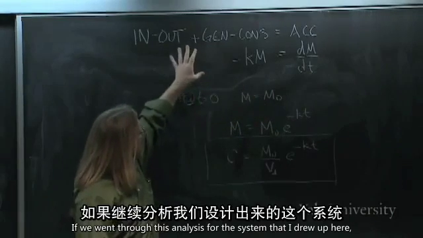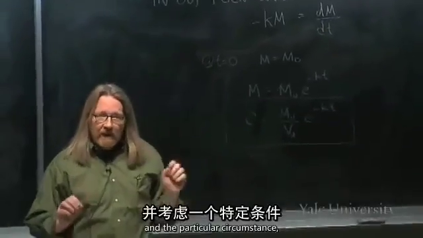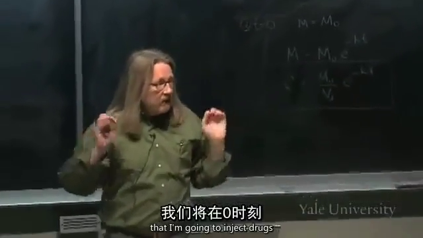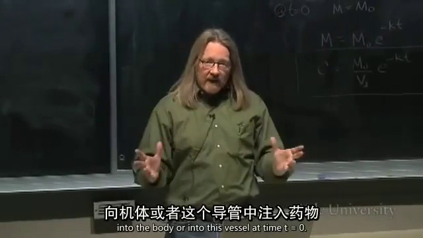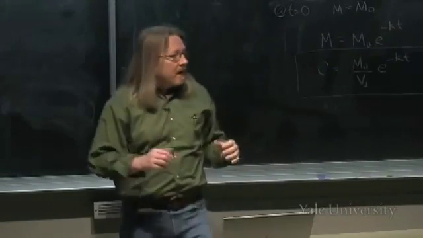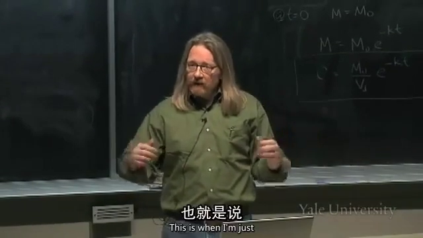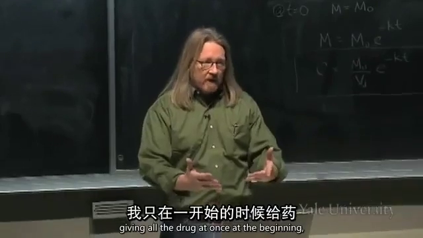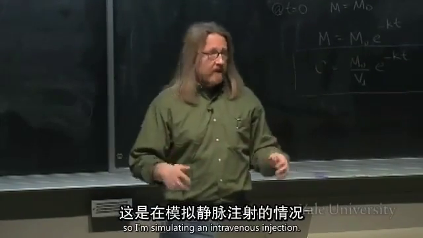And if we went through this analysis for the system that I drew up here, and the particular circumstance that I'm going to inject drugs into the body, or into this vessel, at time t equals 0, after time t equals 0, no molecules are going to be introduced, right? So this is when I'm just giving all the drug at once at the beginning. So I'm simulating an intravenous injection.